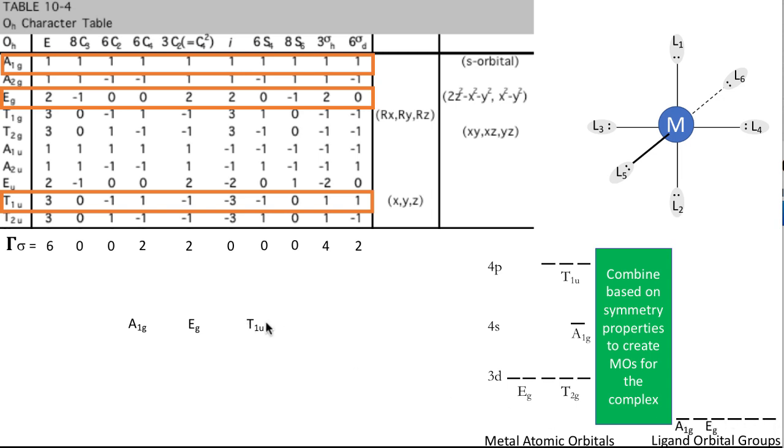And so we can go ahead and put those in underneath our ligand group orbitals. So now we know the symmetry of our atomic orbitals in the metal, we know the symmetries of our ligand group orbitals, and we can start to combine those to produce the MO diagram for the complex.